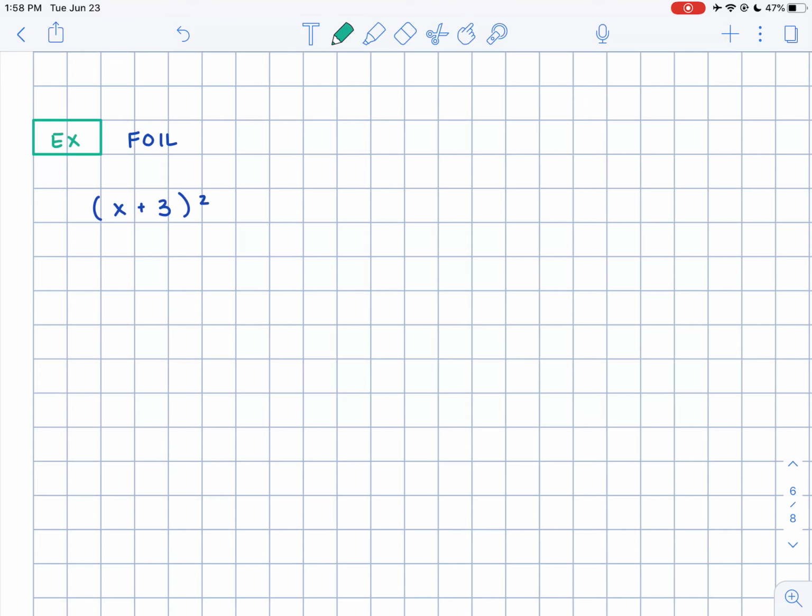So x plus 3 to the power of 2. Let's expand this so we can better work with it. Remember how we talked about x to the power of 2? It's just x times x. So x plus 3 squared is actually just x plus 3 times x plus 3. So here we have one binomial and another binomial, and we want to multiply them together.